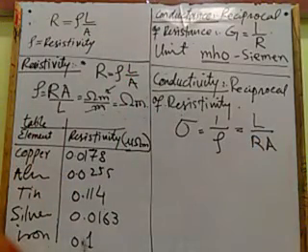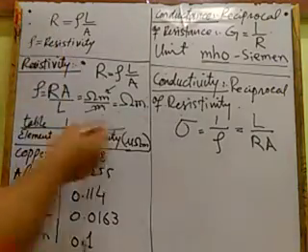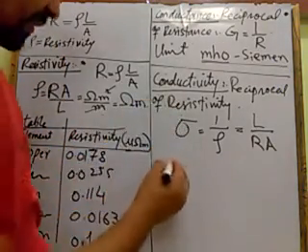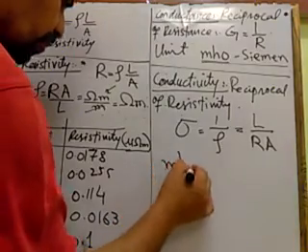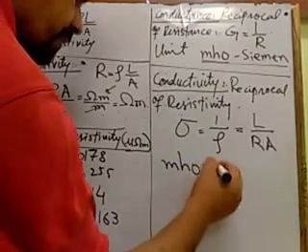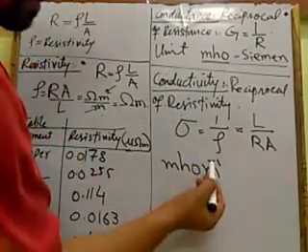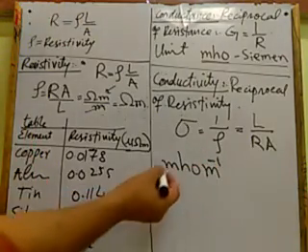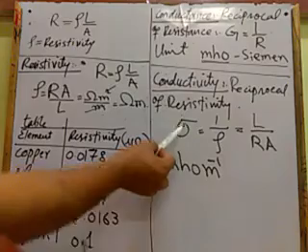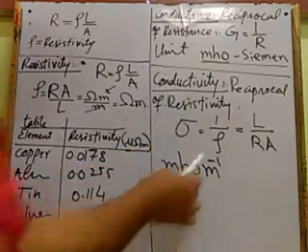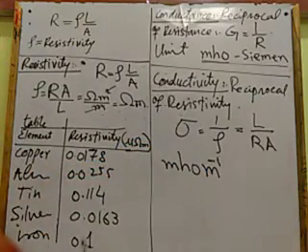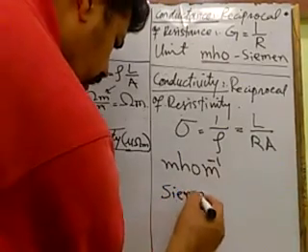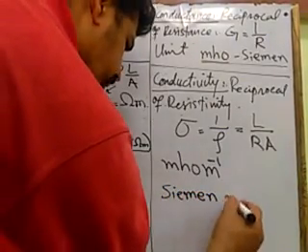As the unit of resistivity is ohm meter, we can write the unit of conductivity as mho per meter. The minus 1 power shows per meter, in the denominator. So the unit of conductivity is mho per meter, or Siemens per meter.